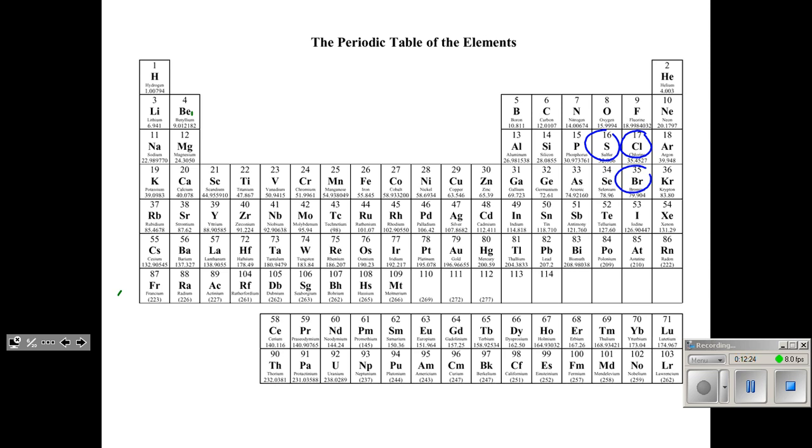Chlorine is smaller than sulfur because sulfur and chlorine have electrons at the same energy level, but chlorine's nucleus has a stronger pull on the electrons with 17 protons versus the 16 protons. So that's the kind of questions I'm getting at on things like this.